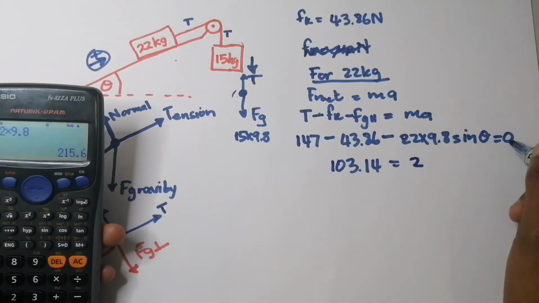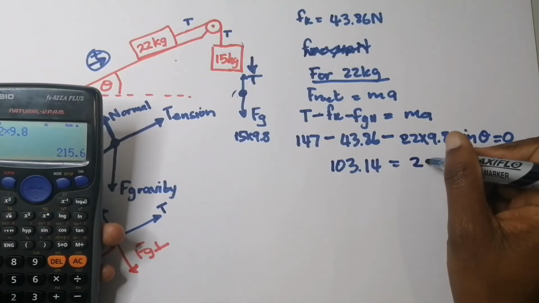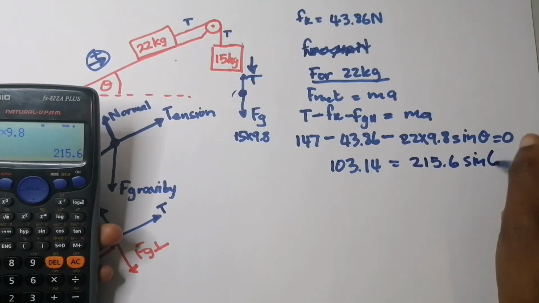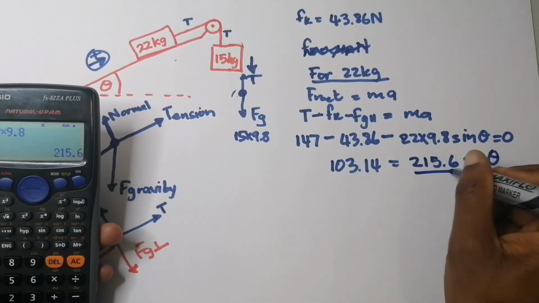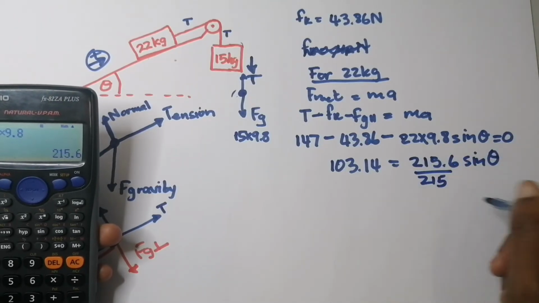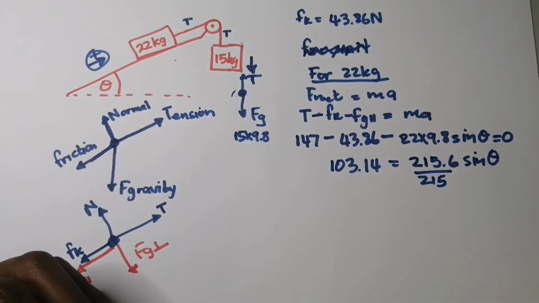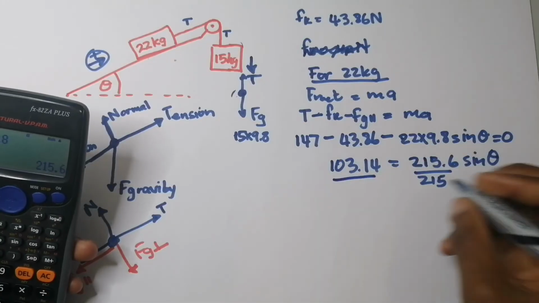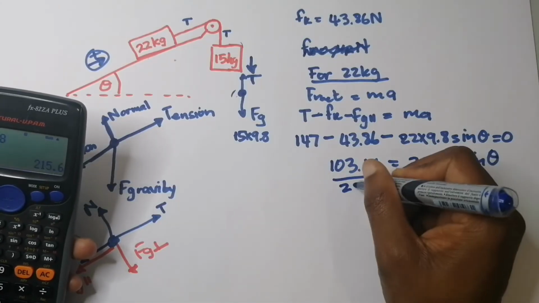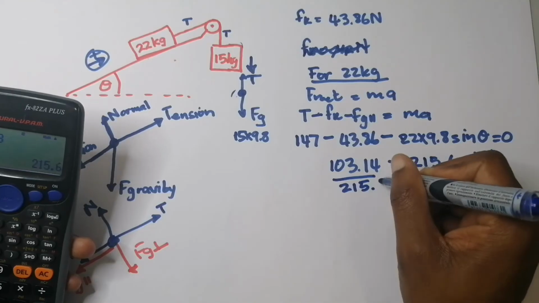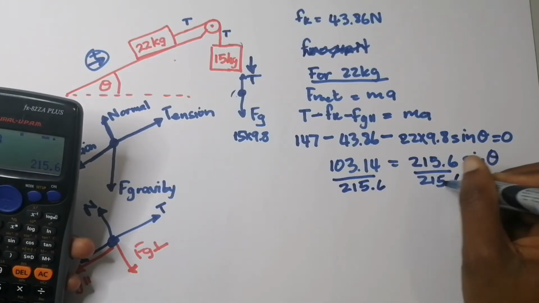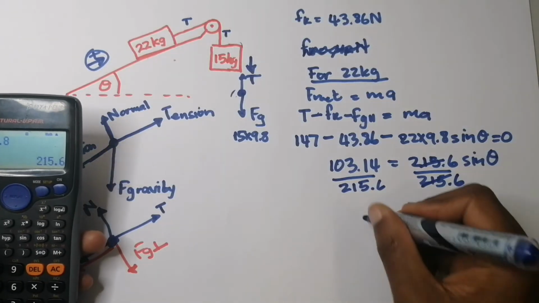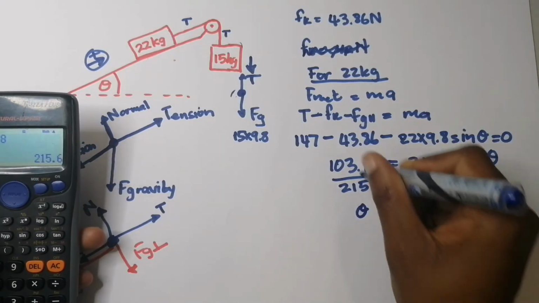Now note, I'm taking this to the other side, so I've got 215.6 sine of angle theta, so I can divide both sides by 215.6. Okay, all right, so I've got 103.14 on the other side, so that's divided by 215.6.